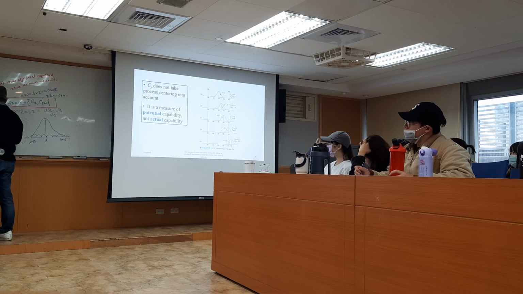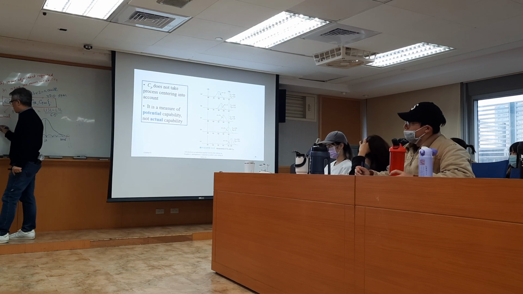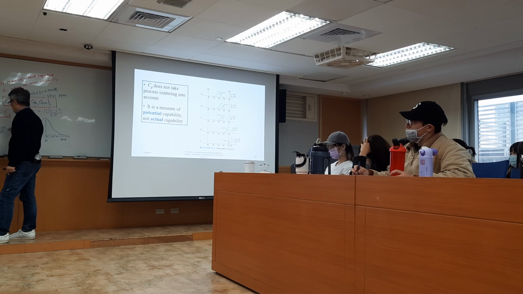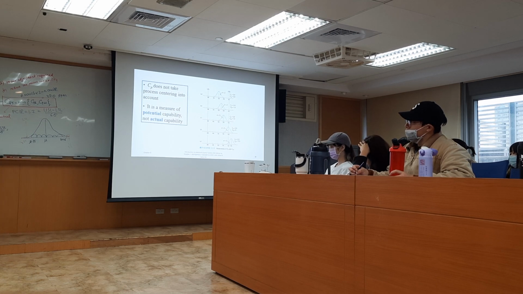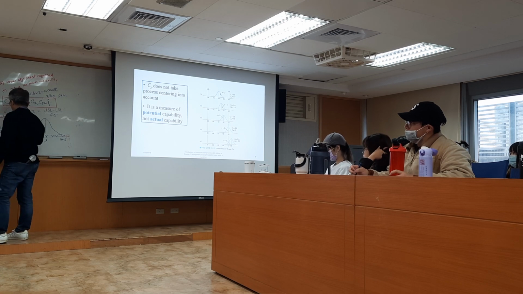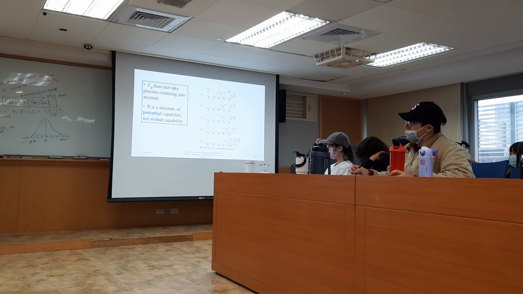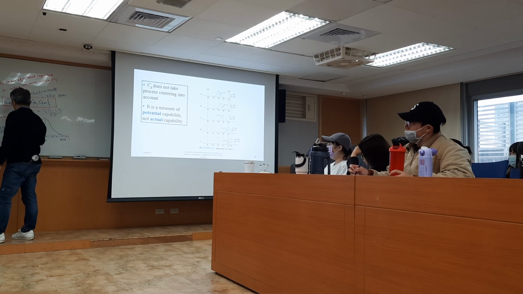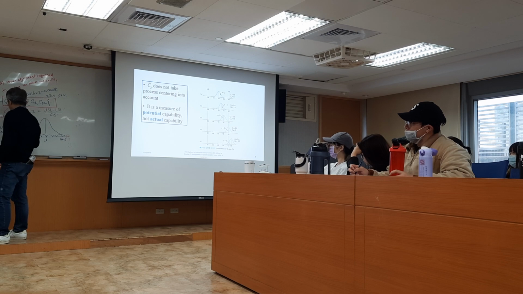CPL is mu minus the lower specification limit divided by 3 sigma. So mu is 53, minus the lower specification limit, 38, divided by 3 times sigma.